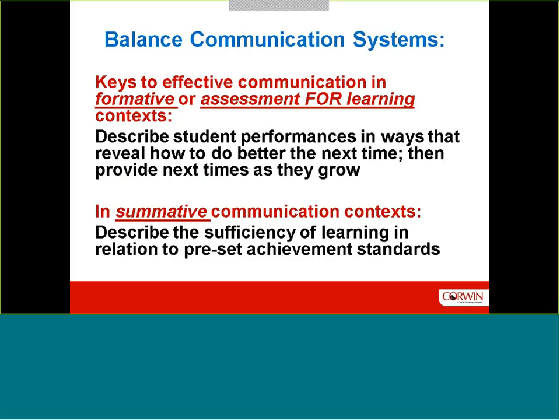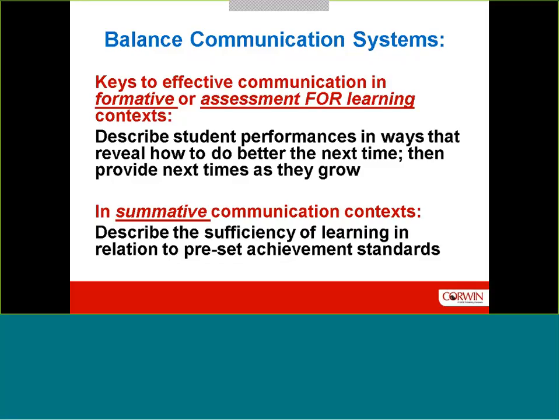In a summative context, the result is to describe the sufficiency of student learning in relation to preset standards. What that means is, which standards have they or have they not mastered? That's what we must communicate to the decision makers. If we're assigning grades, they have to link back to standards mastered or not mastered.